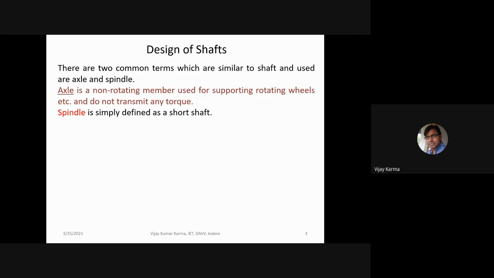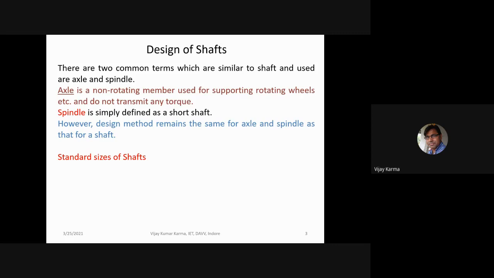Another term is the spindle. Spindle is nothing but a short shaft. A shaft having shorter length is known as a spindle. But the design procedure remains the same for the axle as well as for the spindle.